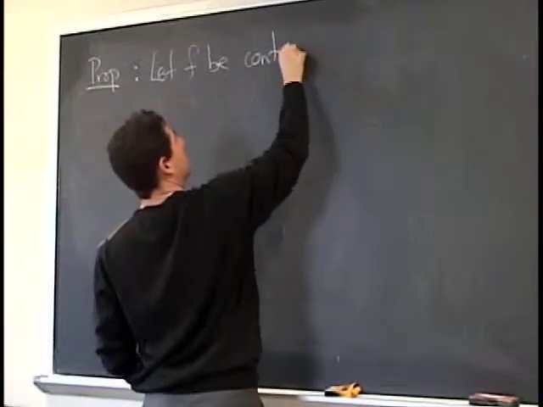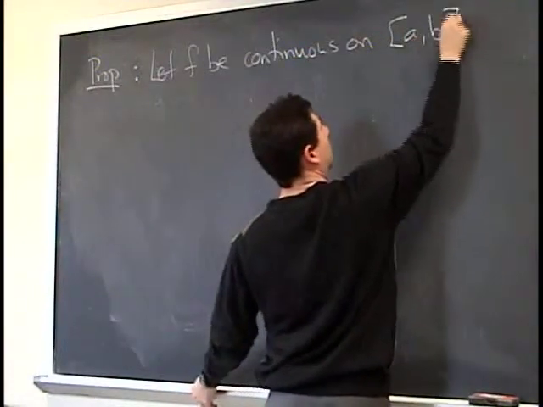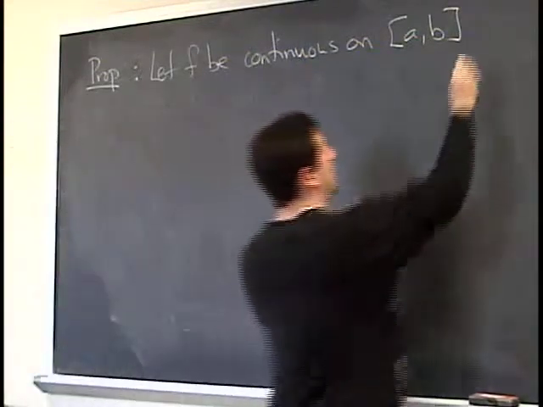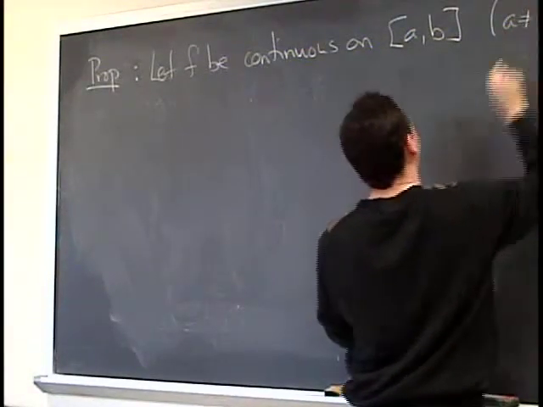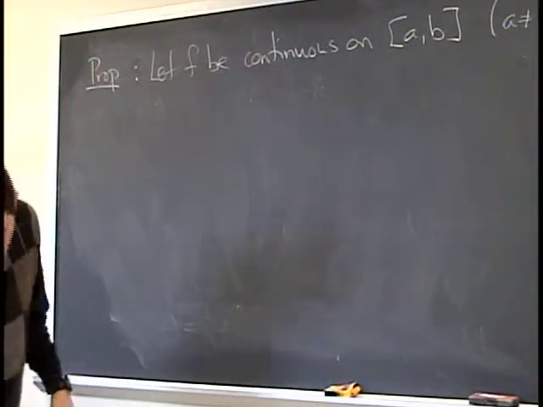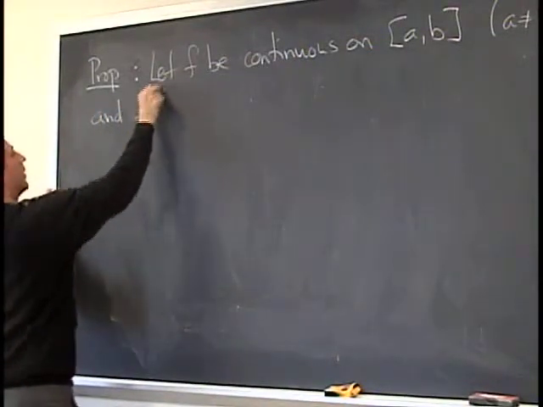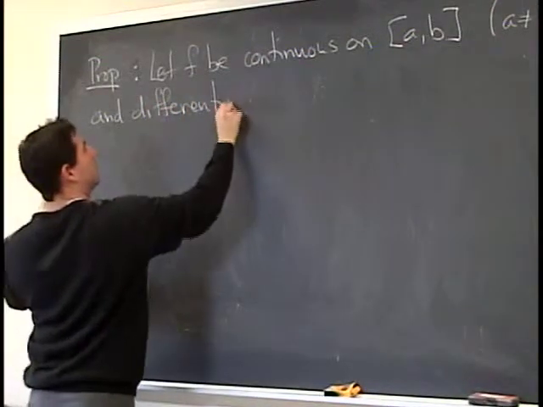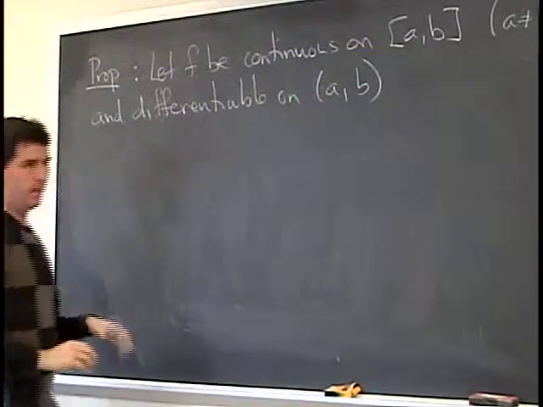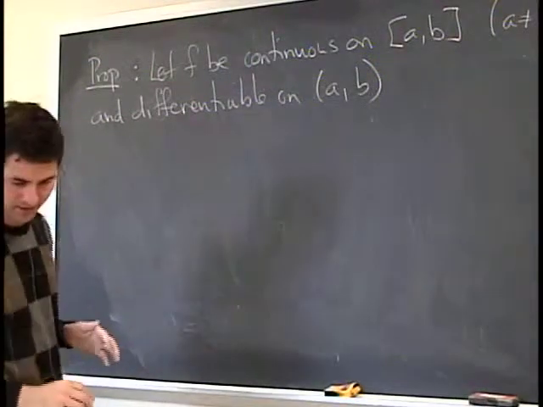So let f be continuous on a closed interval AB, closed meaning we include the endpoints, and A not equal to B. We also need f differentiable on the open interval AB. Again, don't worry about this. It's just stuff to make mathematicians really excited.